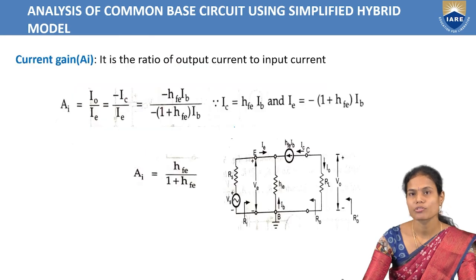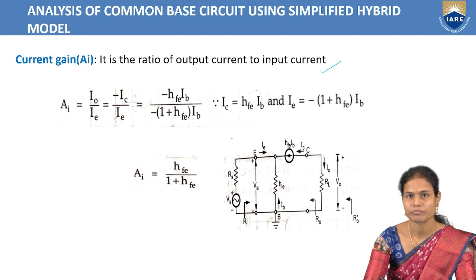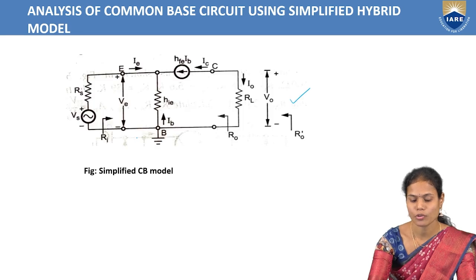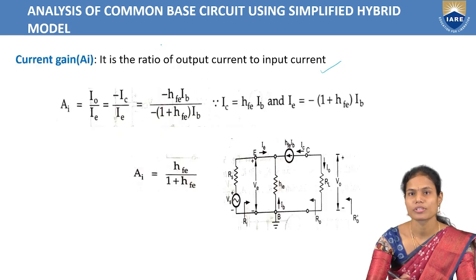So from this circuit also we need to find all the 4 parameters, that is, the current gain, the ratio of output current to input current, that is minus IC by IE here. From the circuit, output current is IC, input current is IE. So that's why minus IC by IE.